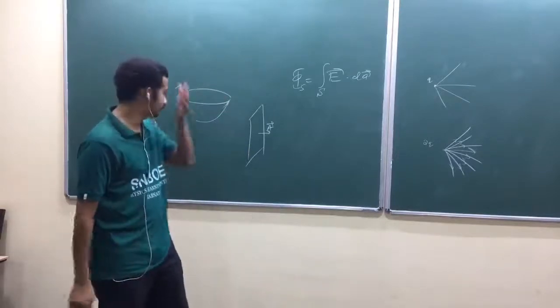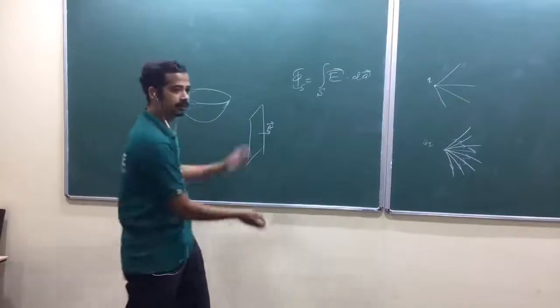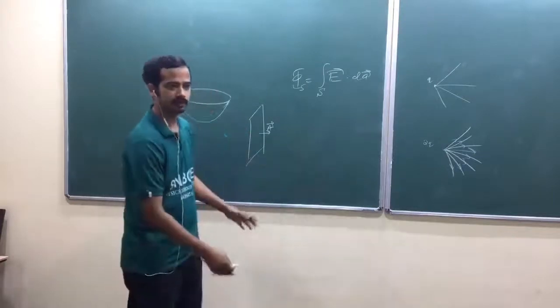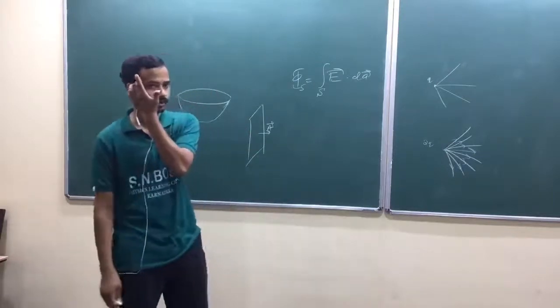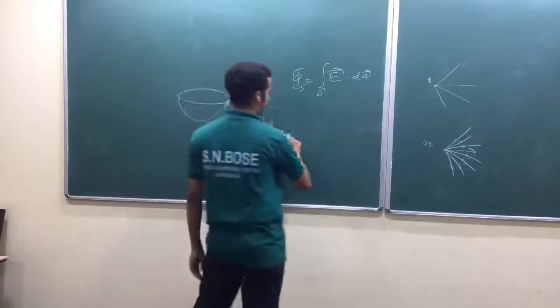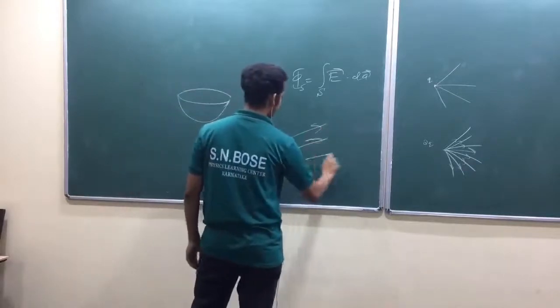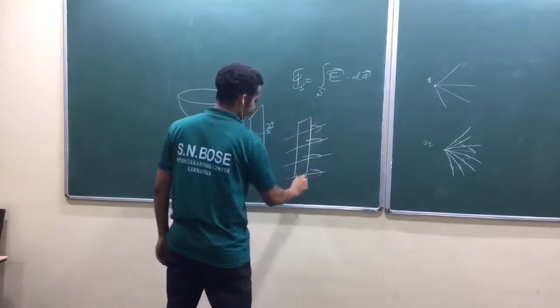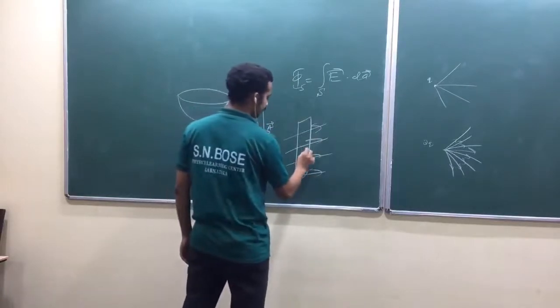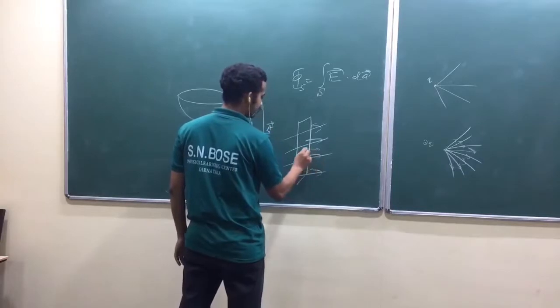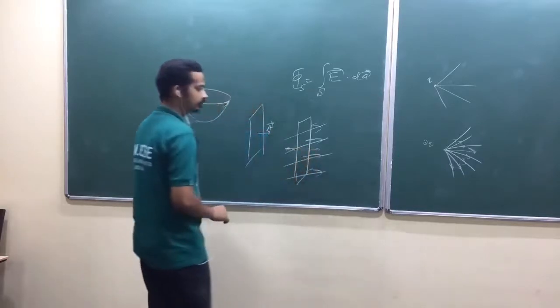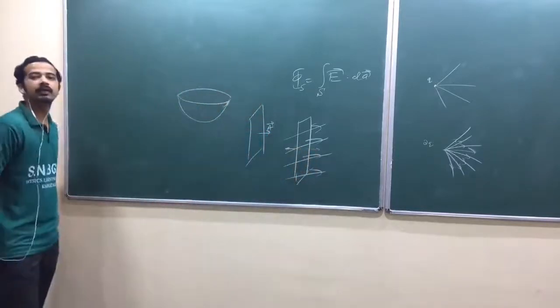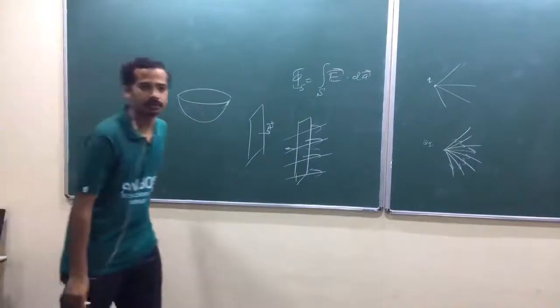What is the logic to choose? If it is not along the field, then what will you choose? Are you getting my point? I have a vector field here, a uniform vector field. Let me take that idea. I have a planar area here. Now I get two choices, one is this direction, the other is this direction. Am I right? I get two choices of defining the area vector. Which one are you going to choose?